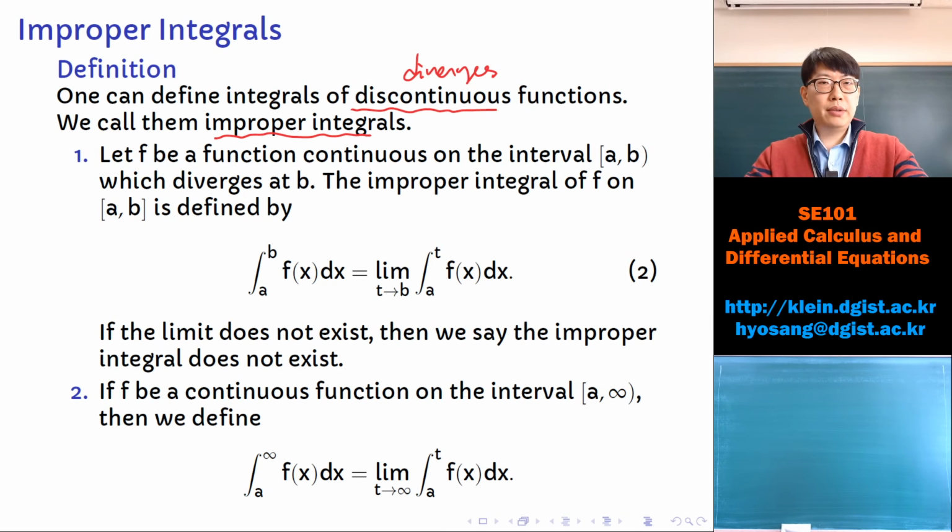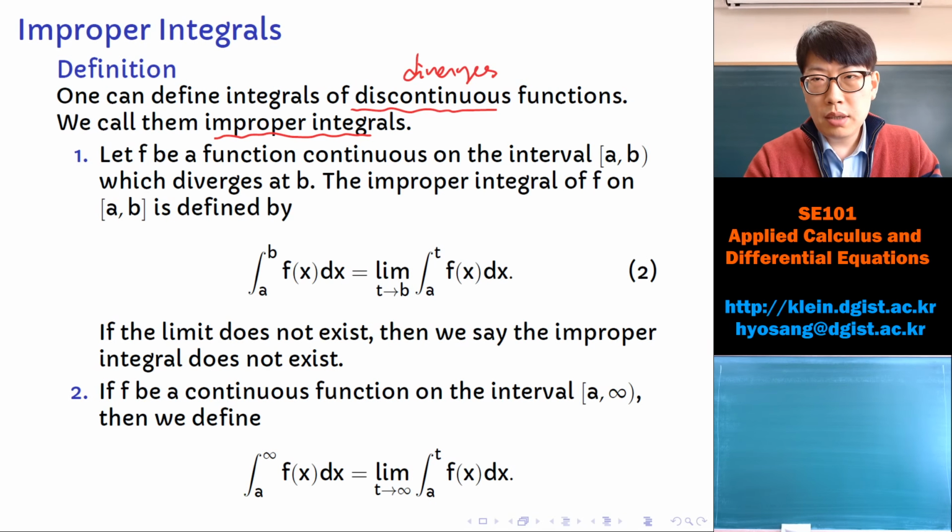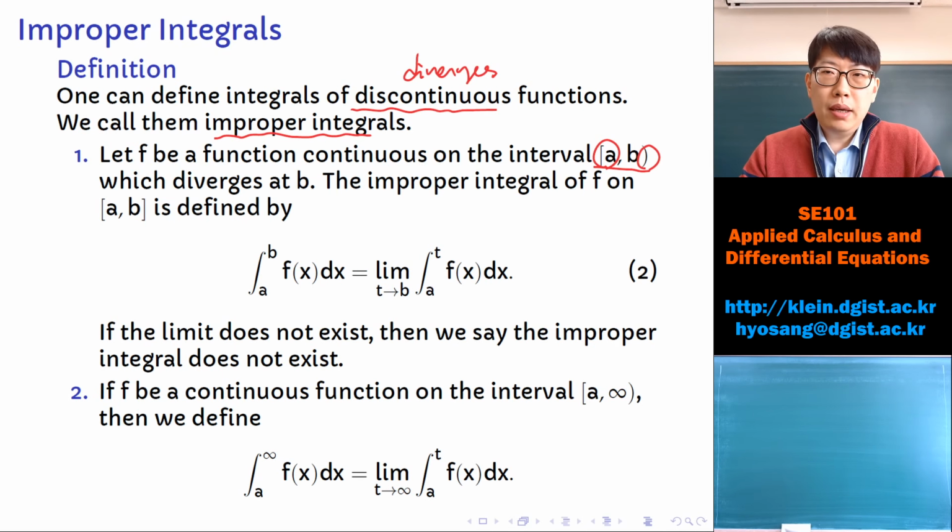So for example, let's say f is a function which is continuous on the interval which is closed on the left side and open in the right hand side. And at the right hand side limit, the function diverges.